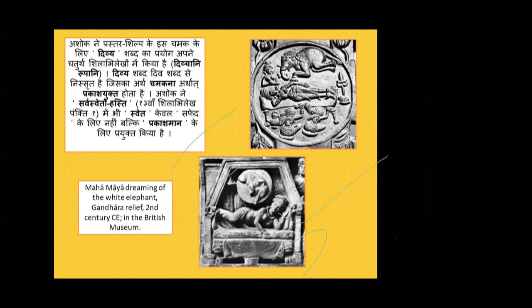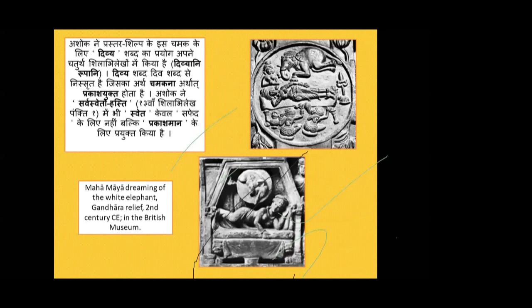That when Buddha was conceived by his mother Maya, there is a story that a white elephant came from Swarga, or whatever the place it is.